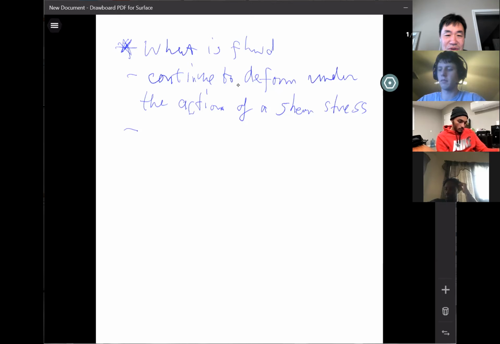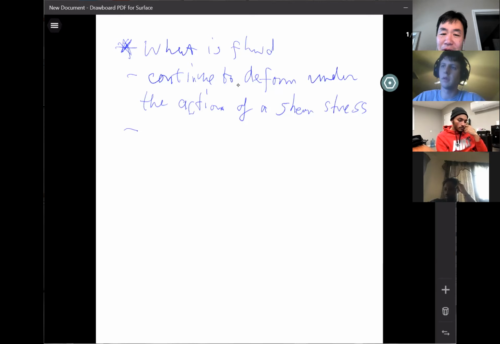This is one of the definitions I like, because it's directly related to the force and the movement, the deformation. But there are other definitions between solid and fluid.